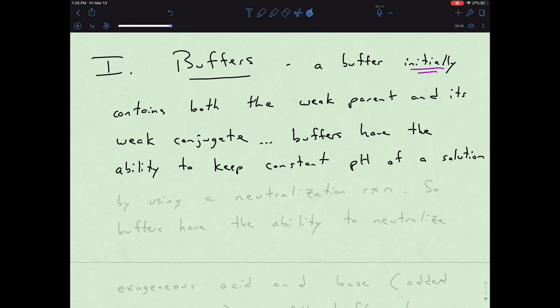Now, how does the buffer actually do that? Well, it does it through basically neutralization reactions. So buffers have the ability to keep constant pH of a solution by using a neutralization process. So what does that mean?